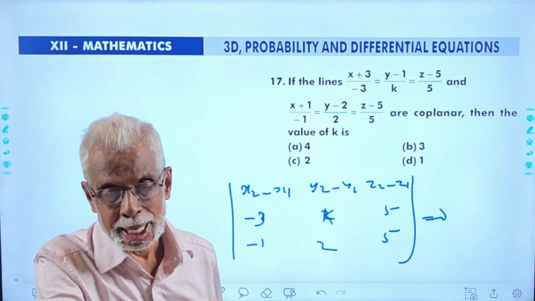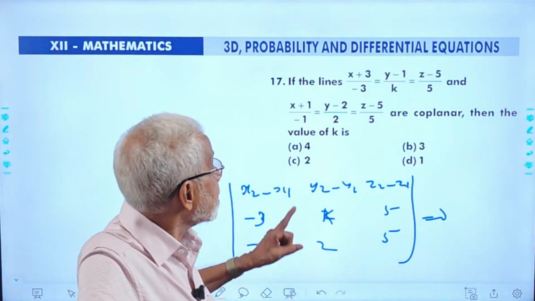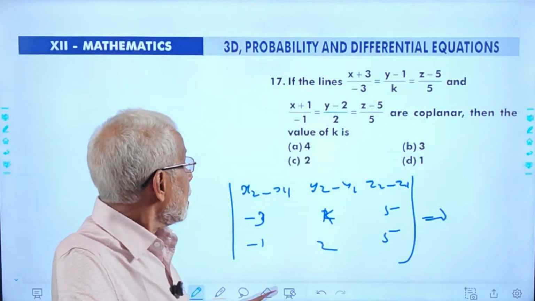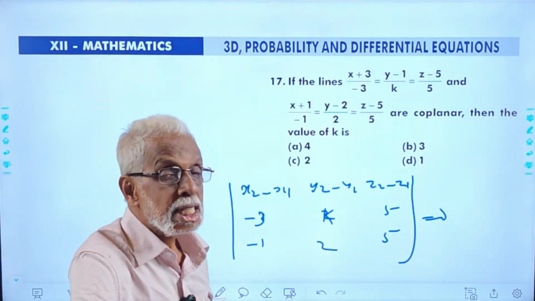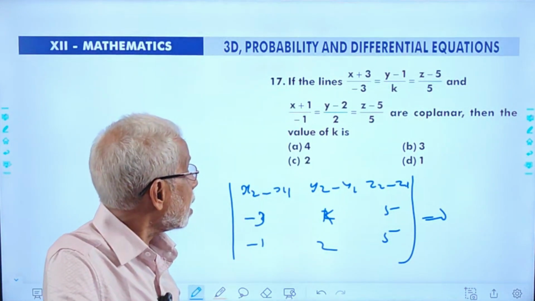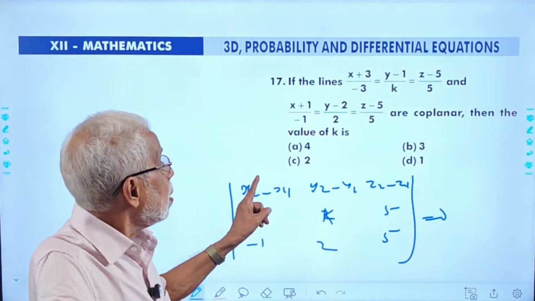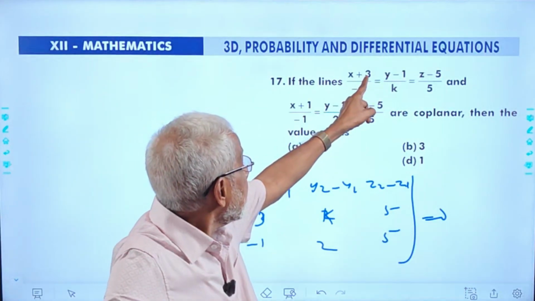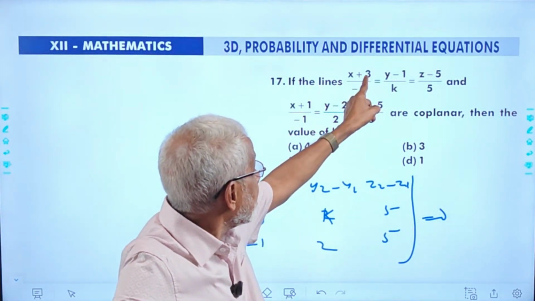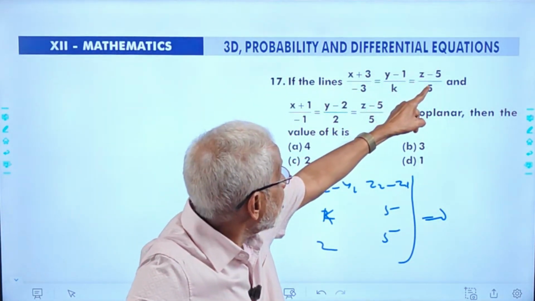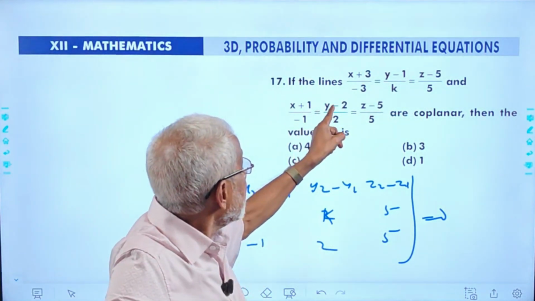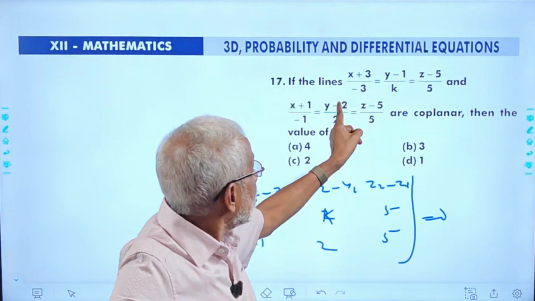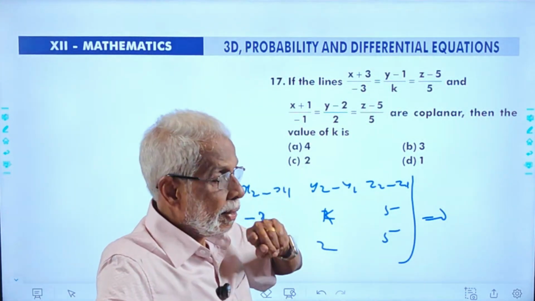If we are given two lines, if the lines are coplanar, then the condition for coplanarity is the determinant x2 minus x1, y2 minus y1, z2 minus z1. x1 is minus 3, y1 is 1, z1 is 5, x2 is minus 1, y2 is 2, z2 is 5.